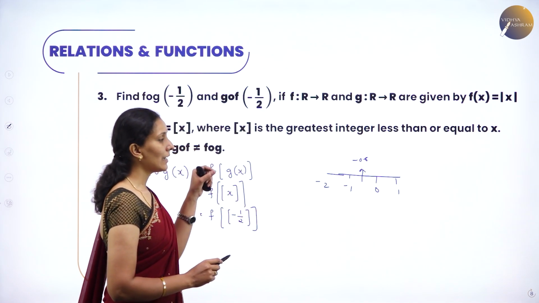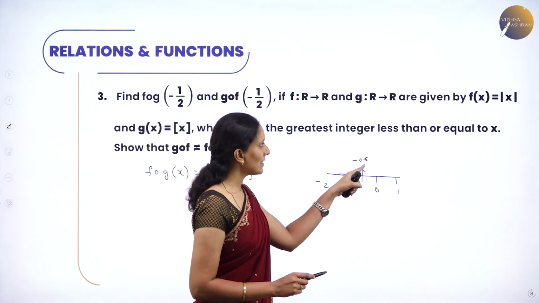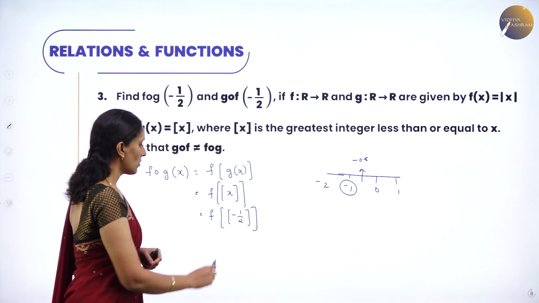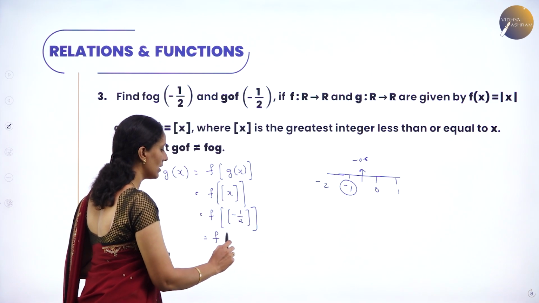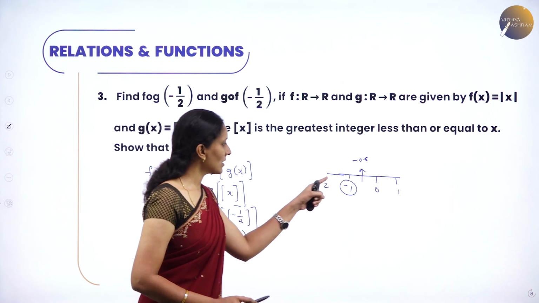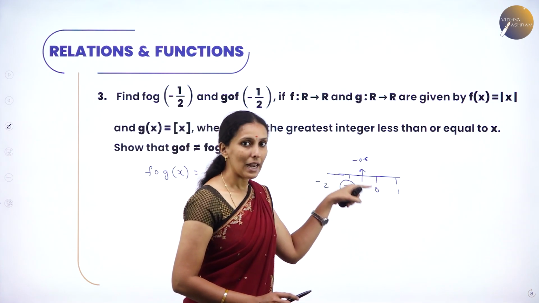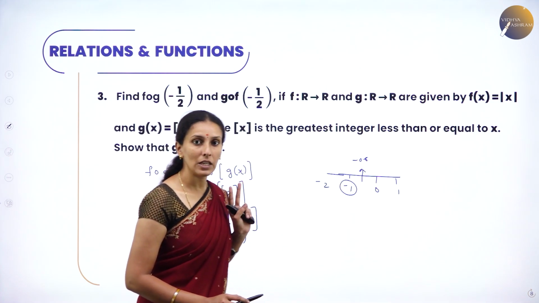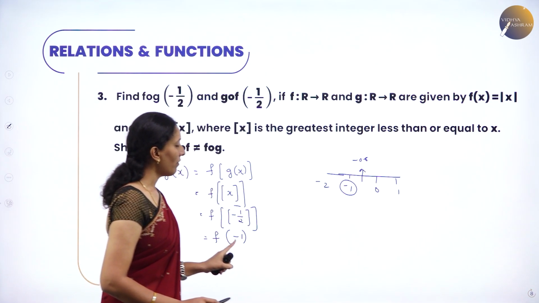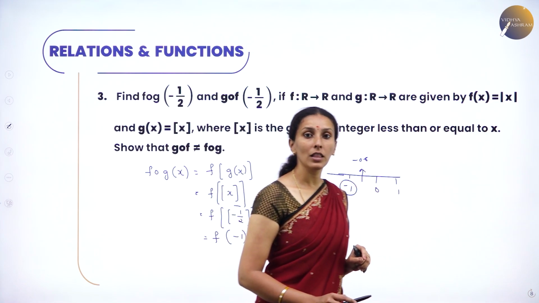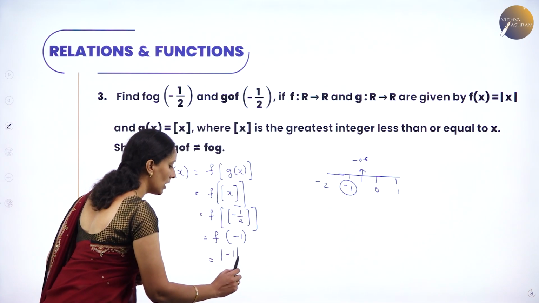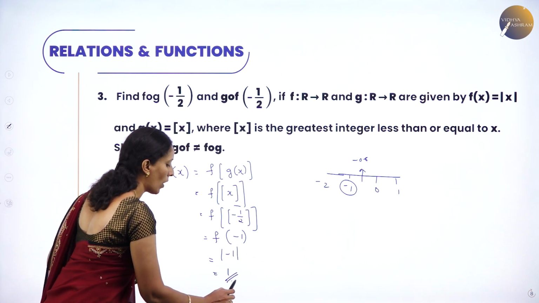What is the greatest integer which is less than or equal to this number? That is equal to -1, because -1 is the integer which is less than or equal to -0.5. Now f(-1): the function f is the modulus function, so -1 has to be taken under the modulus. So the value you will get is 1.